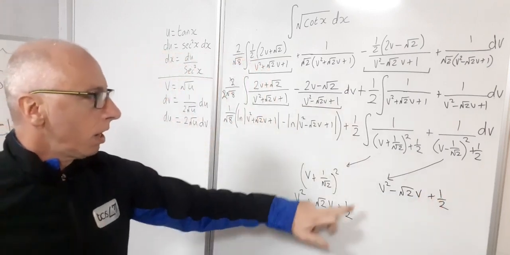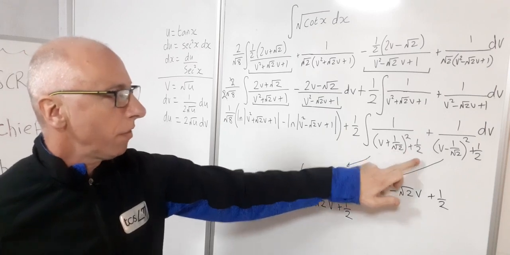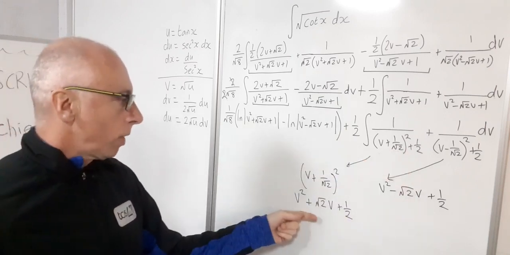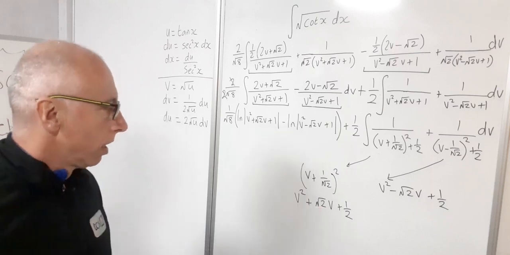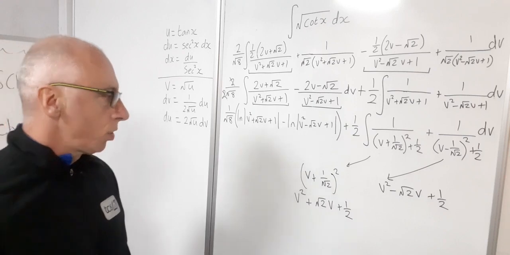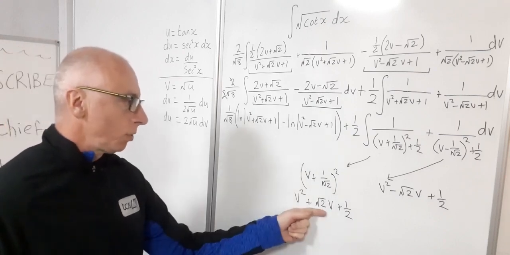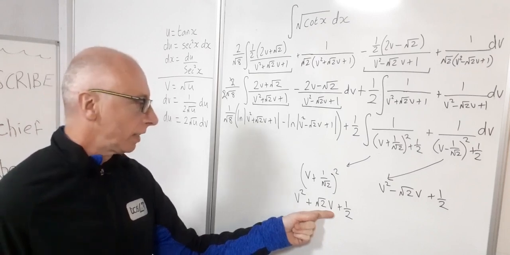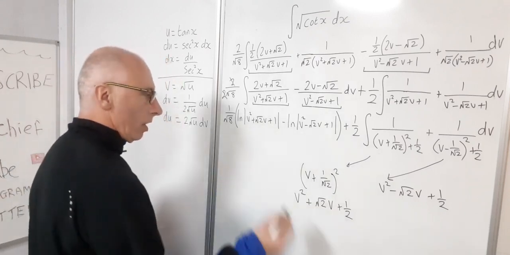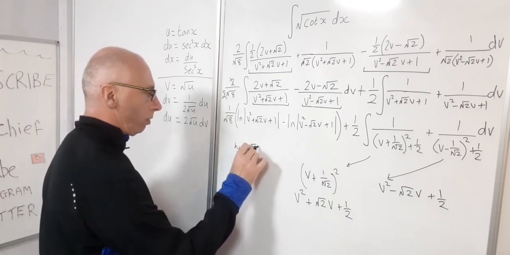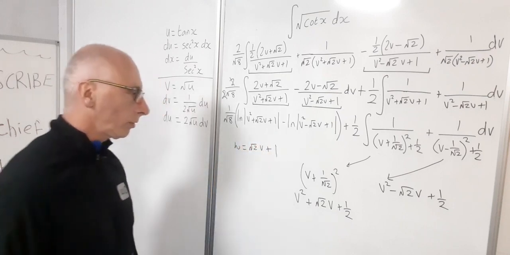So we've got a plus 1/2 here from this and plus 1/2 there, so that will lead us to a plus 1. But we've got this v squared plus root 2v. So why don't we let our substitution be root 2v plus 1. So let w equal root 2v plus 1.